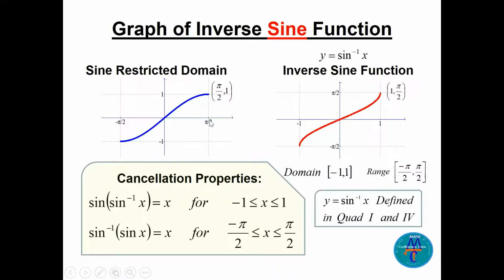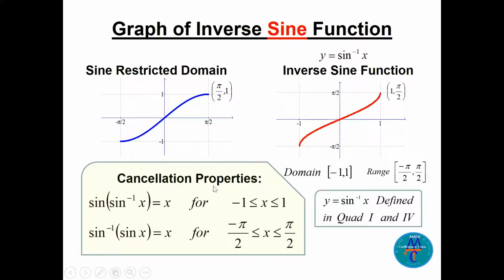If you take any point there, pi over 2, 1, you can interchange x and y, so it becomes 1, pi over 2. And 0, 0 will be 0, 0. Minus pi over 2, minus 1 becomes minus 1, minus pi over 2. So the red one is the graph of the inverse. Remember, the inverse has domain minus 1 to 1 and range minus pi over 2 to pi over 2, which is defined in quadrants 1 and 4.